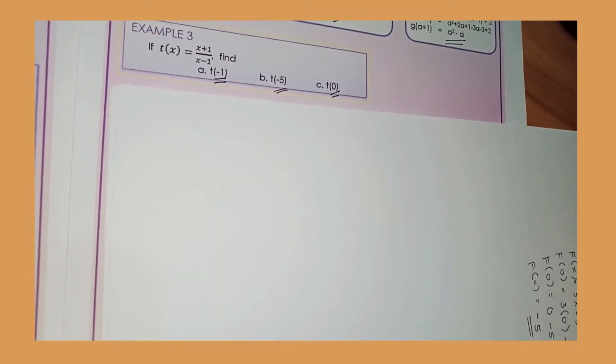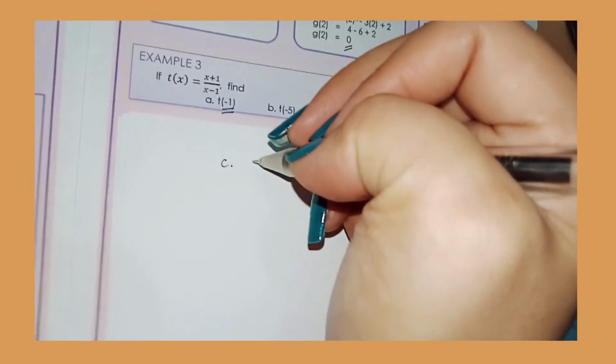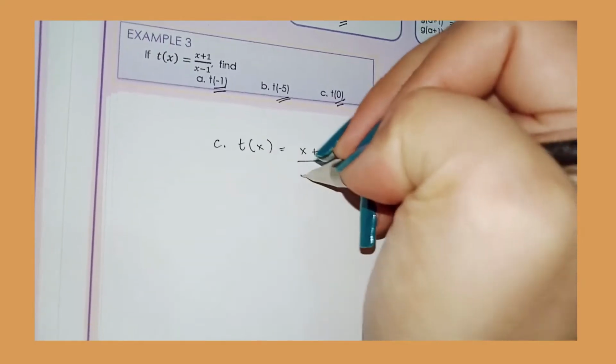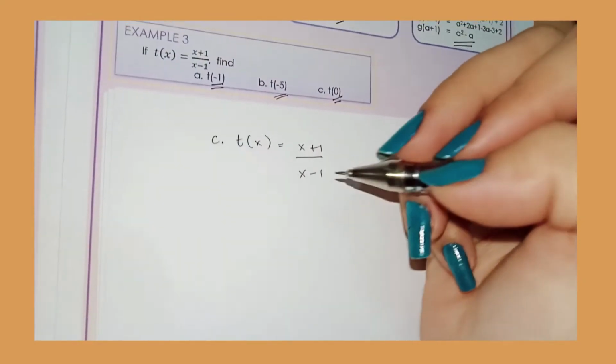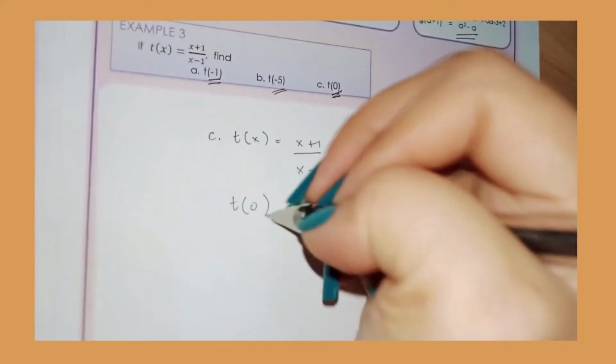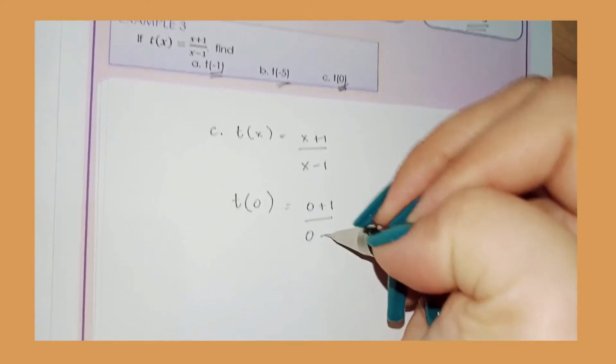For letter C, we need to change x with 0. So, copy the given equation, which is t of x is equal to x plus 1 over x minus 1. Lahat ng x, papalitan natin ng 0. So, t of 0 is equal to 0 plus 1 over 0 minus 1.